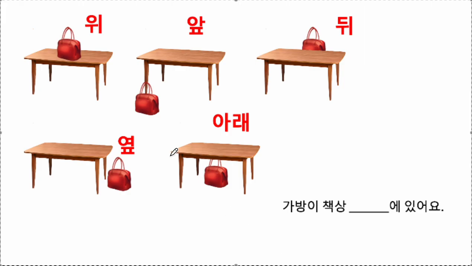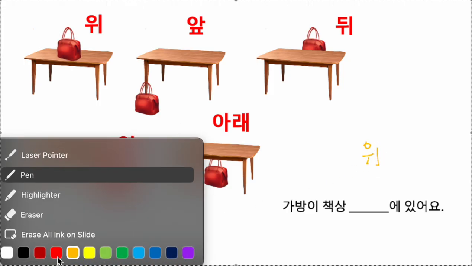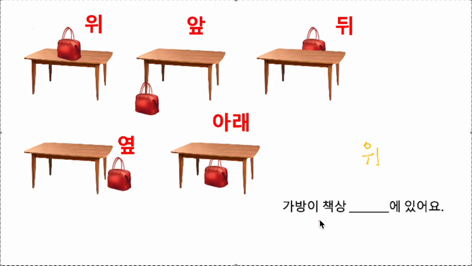Let's review. This is 위, on. 위, front, up, 뒤, 옆, 아래. So the first one, 가방이 책상 위에 있어요. The next one, 가방이 책상 앞에 있어요.